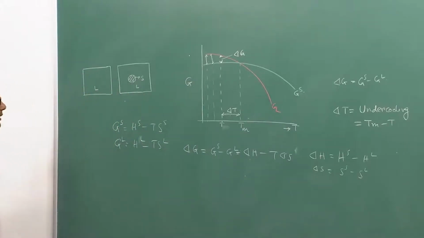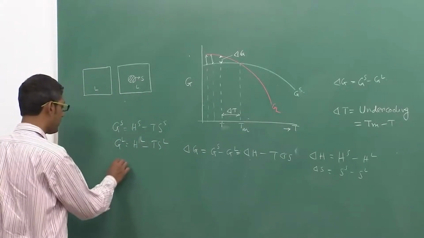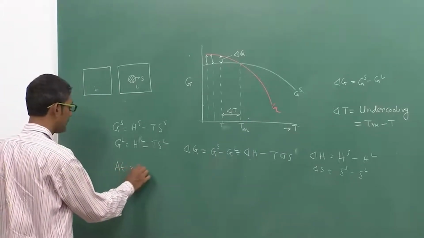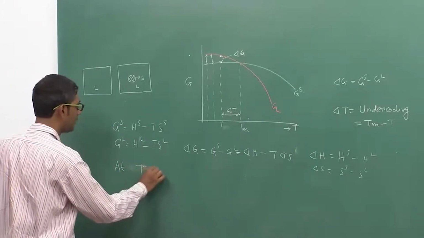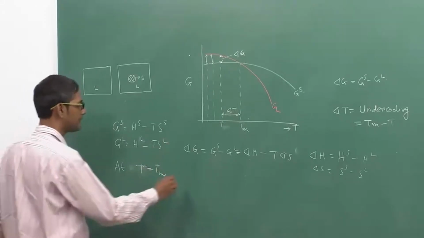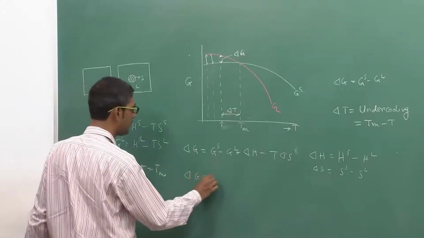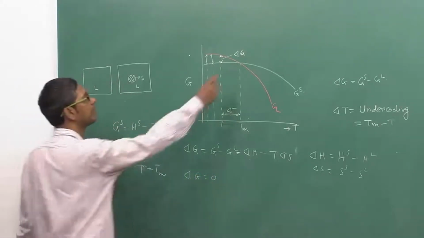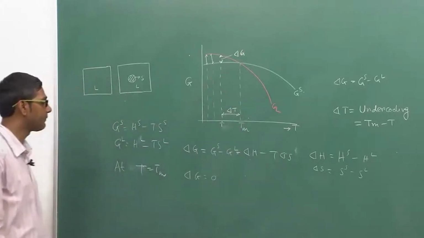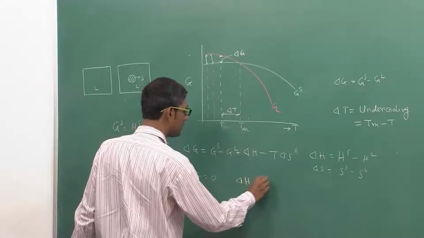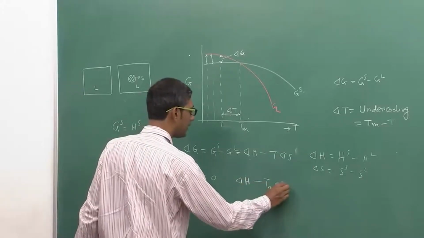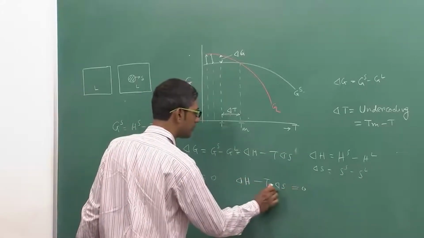So, I can write that at the melting temperature Tm, delta G is basically equal to 0, because at the melting temperature these two free energies will be the same. Thus I can write delta H minus Tm delta S equal to 0, right.